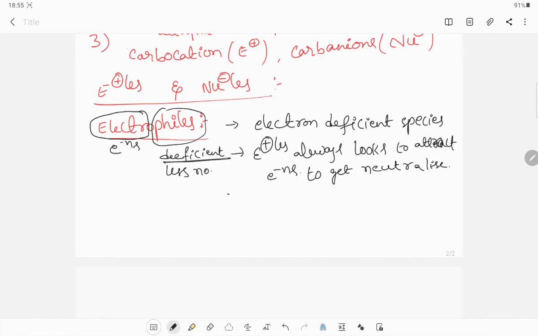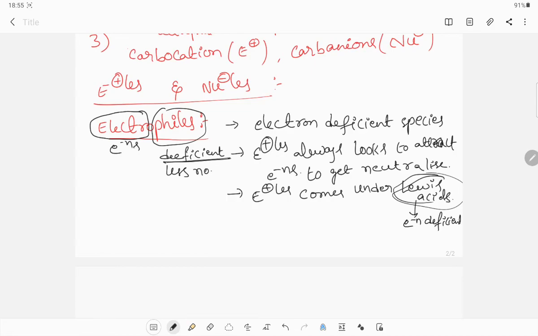Next point: electrophiles come under Lewis acids. What is a Lewis acid? Lewis acids are nothing but electron deficient species, and they should have a vacant orbital.